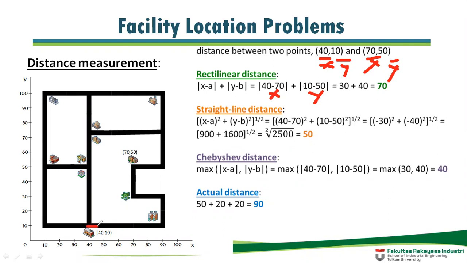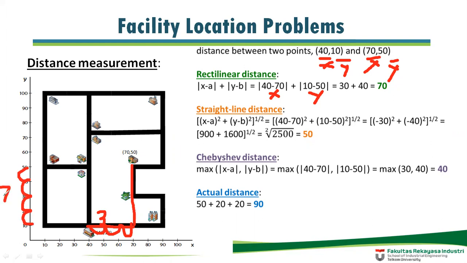Let's say we move to this and to this. Just count the steps. It means 1, 2, 3, 4, 5, 6, 7.